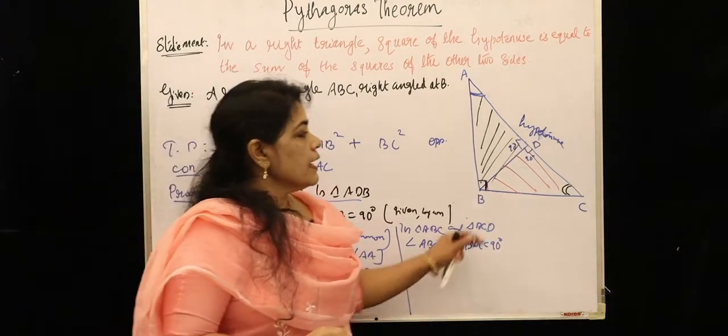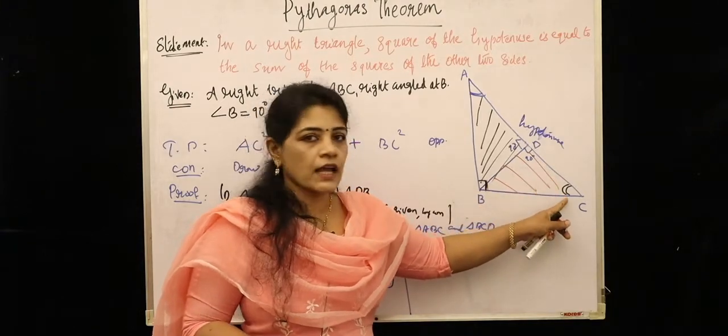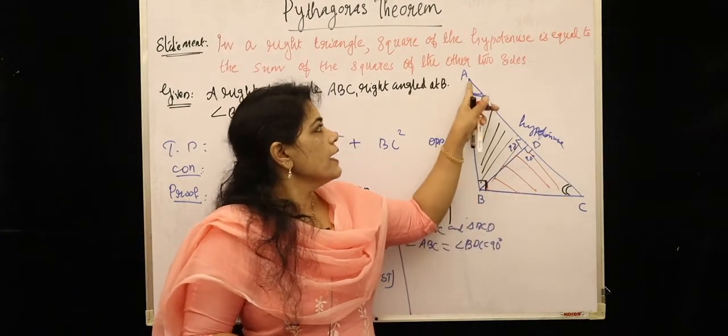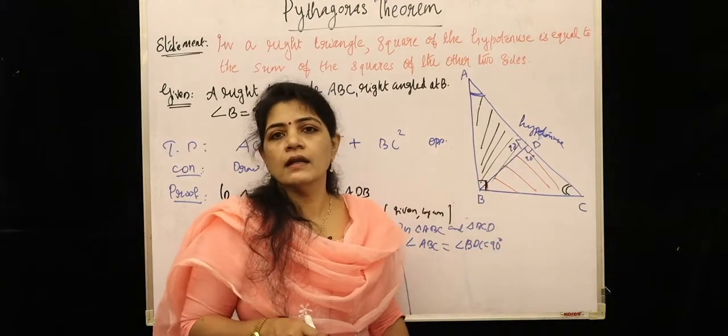And which is the other angle? This angle C is common, that is angle C of triangle BDC and angle C of triangle ABC, C is the same angle.